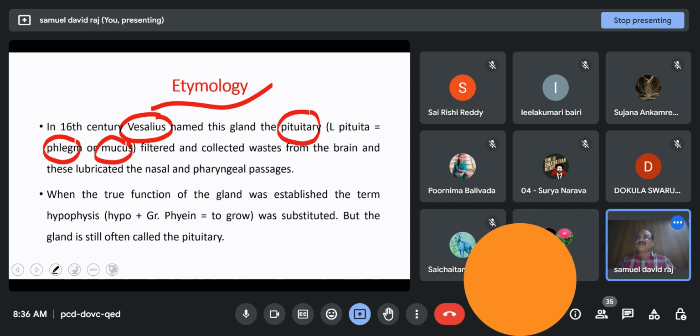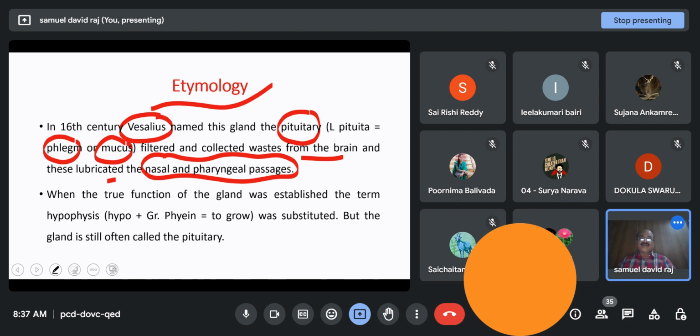When we get cough, we get phlegm, and that is filtered and collected waste from the brain, and this lubricated the nasal and pharyngeal passages in one of his experiments. So, based on this feature, he called it pituitary.